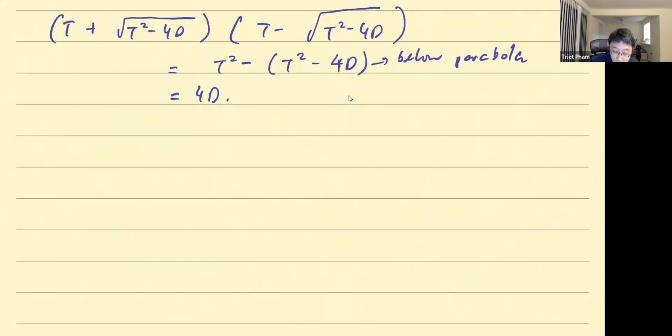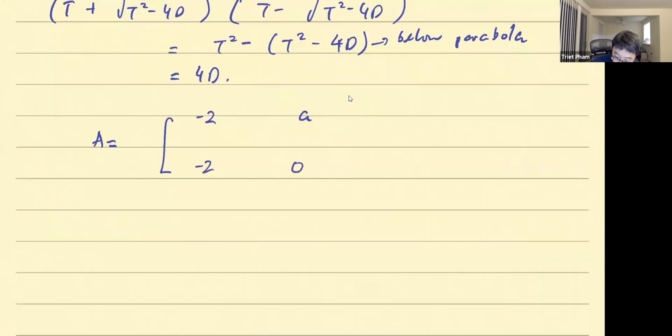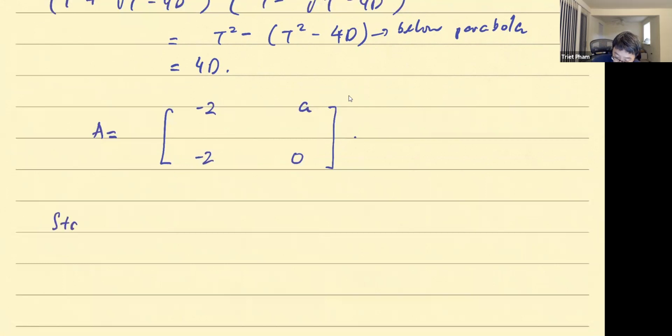And so let's go back to our example. A equals minus 2, a minus 2, 0. That's the example that we talked about. You can have many a's, and we'll do that next class. But the strategy is this.